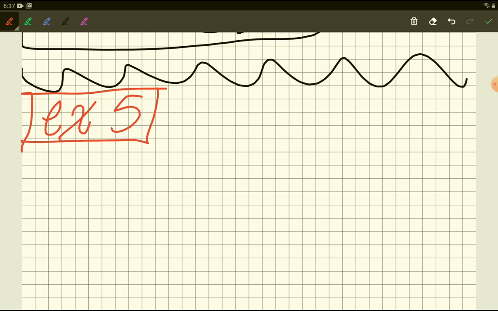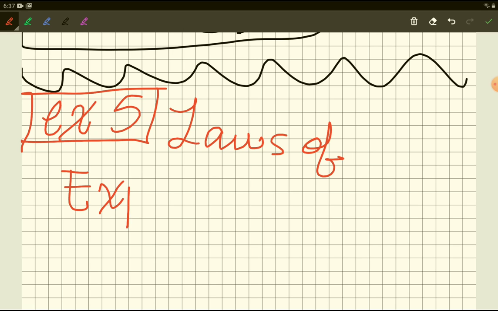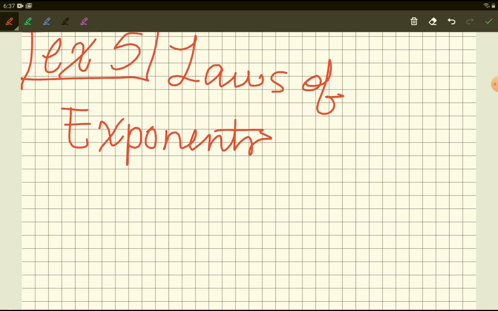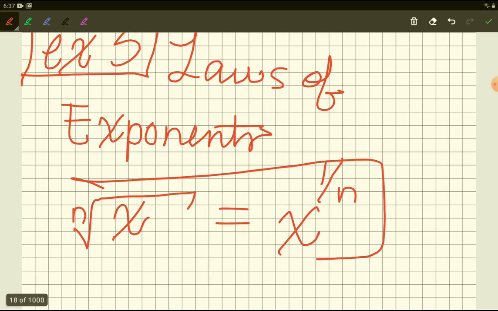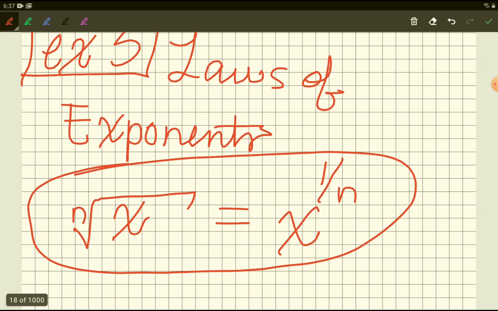You should already know from laws of exponents week, a little blast from the past, you should have in your brain the relationship between roots and fractional exponents. This is very essential.